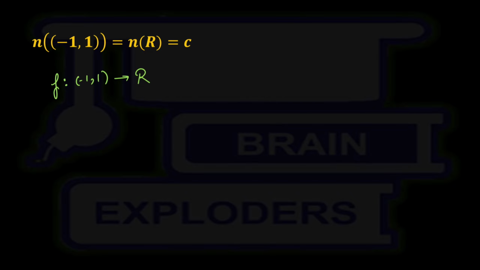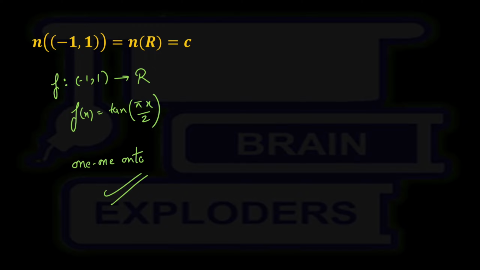Let us define a function, say f(x) = tan(πx/2). You can see that this is a one-one onto function from (-1, 1) to real numbers, and that is why the cardinality of (-1, 1) is the same as the cardinality of real numbers.